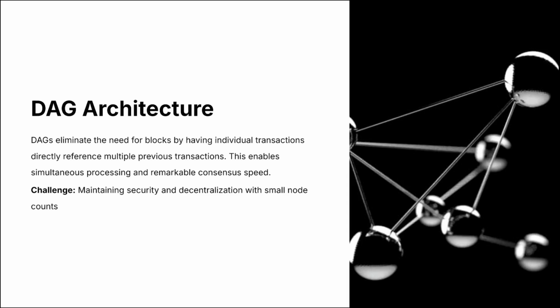So there is a lot faster consensus and also improved scalability here. However, again, DAGs often operate with small node counts, especially in early or permissioned deployments. That can pose a challenge when it comes to maintaining the same level of security and decentralization seen in more mature blockchain networks.